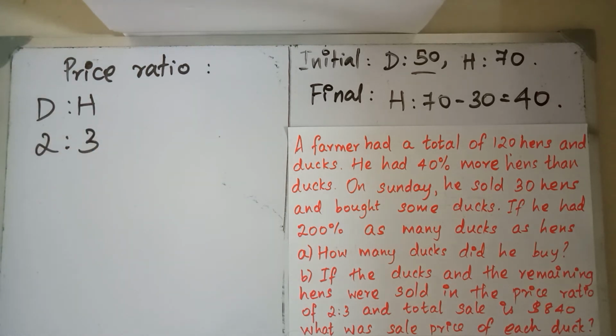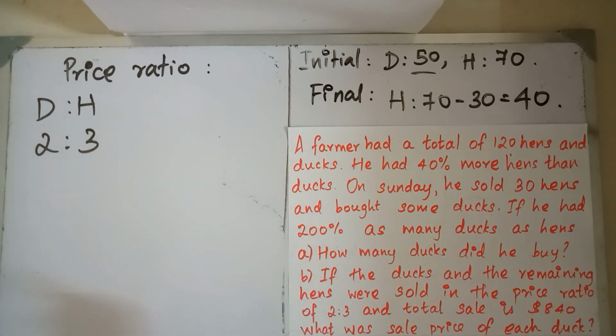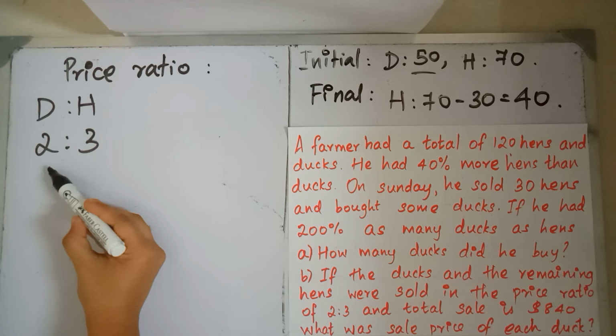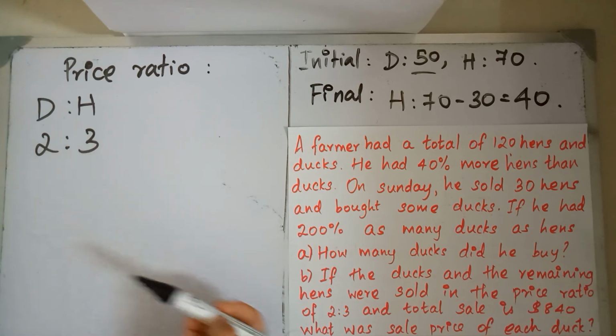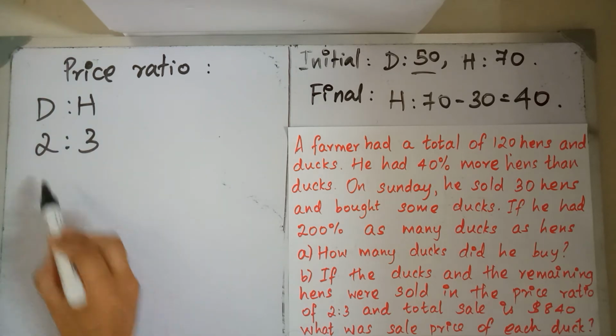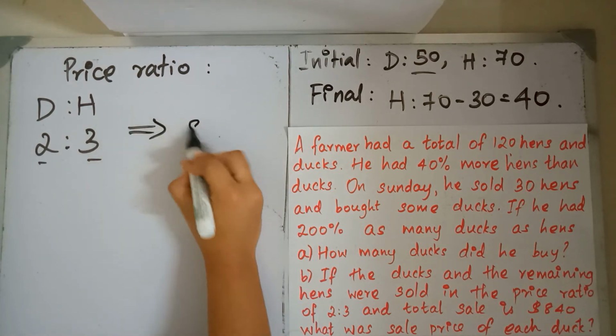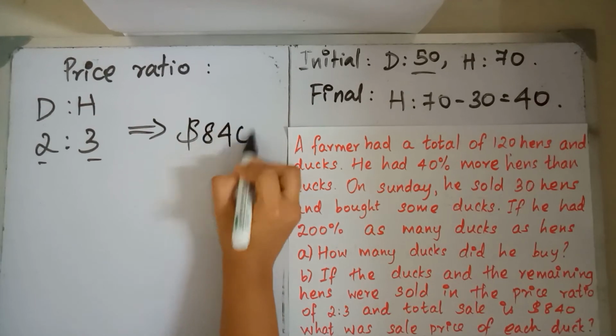Like, if let's just say ducks are sold for $20, then hens will be sold for $30. Or if this is $10, then this will be $15. So the price ratio is 2:3. This has nothing to do with the number of hens and ducks. Okay, so the total sale that they make out of this is $840.